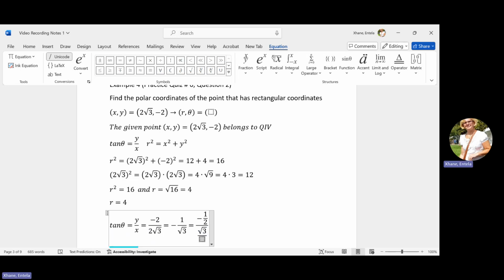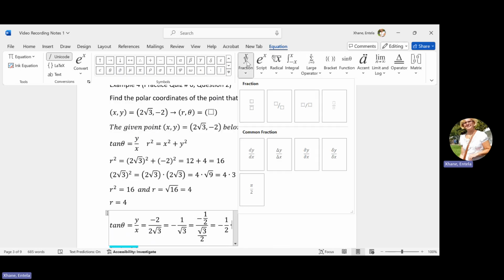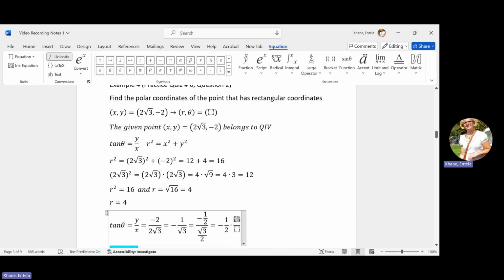So if I have these two fractions and then we use keep switch flip, then we're going to have a product of the fraction -1/2 by the reciprocal of 2 over square root of 3. And then obviously this is how you get -1 over square root of 3.